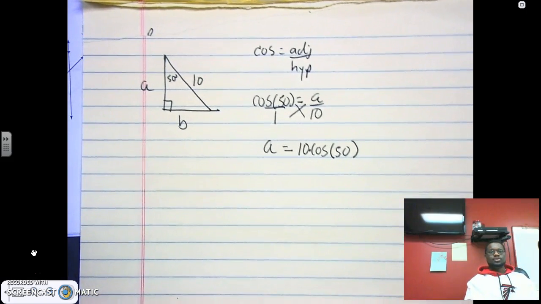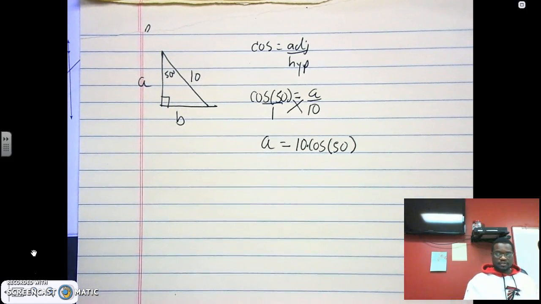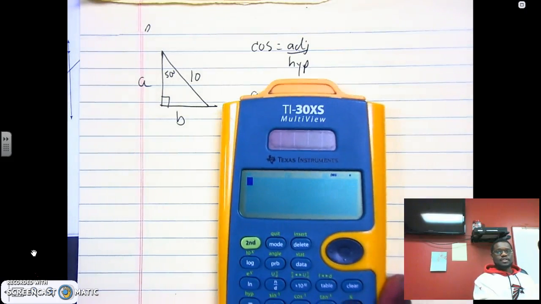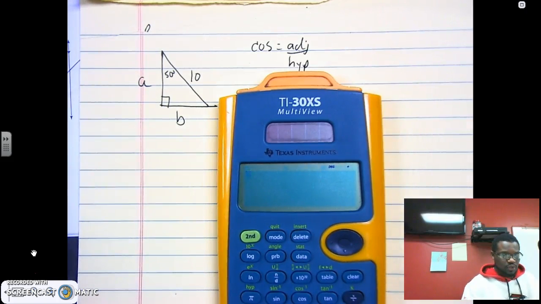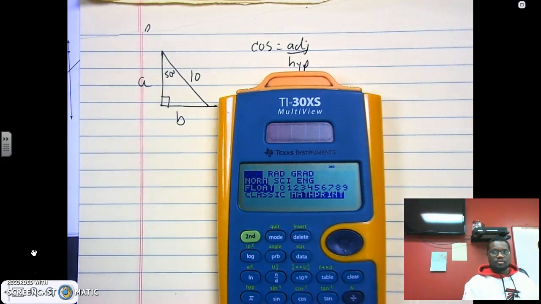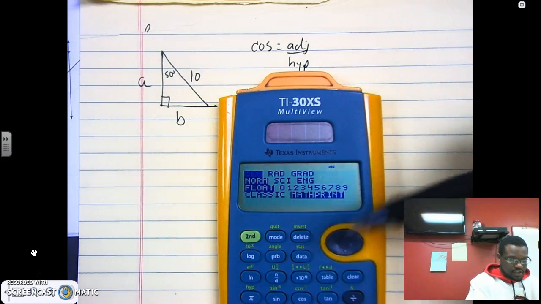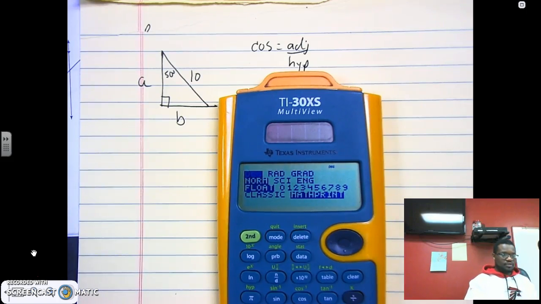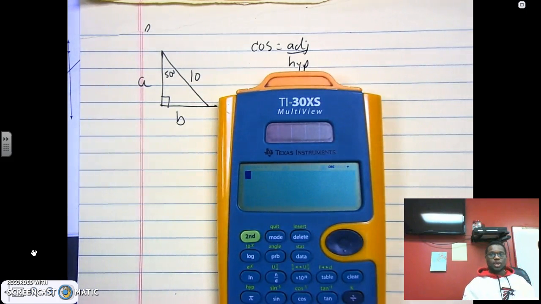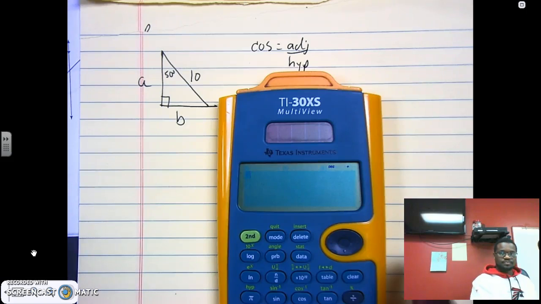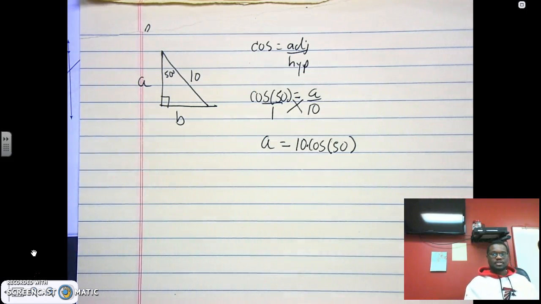Calculators can be funny things sometimes depending on which mode they're in. If you hit mode, you see at the top degree, radians, gradients, and so on. For our purposes, we're going to stay in degrees. I just want to make sure I was in the right mode.